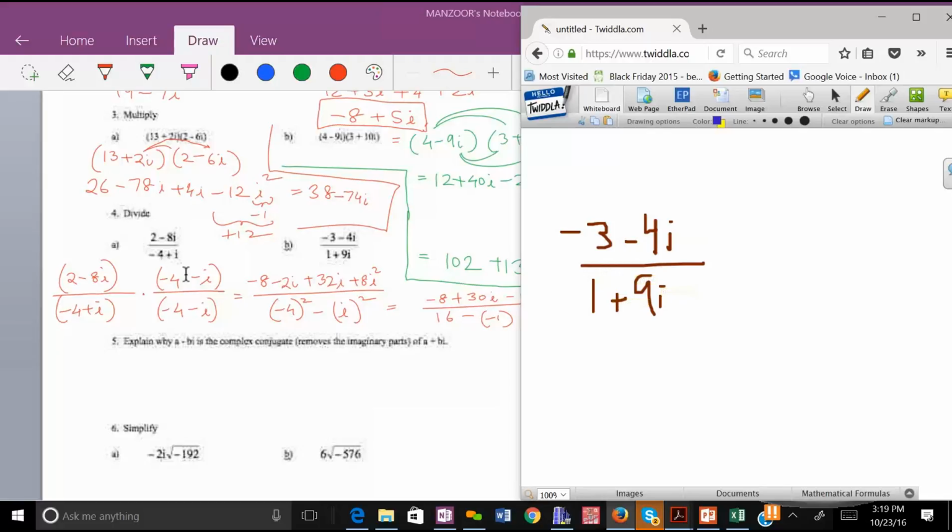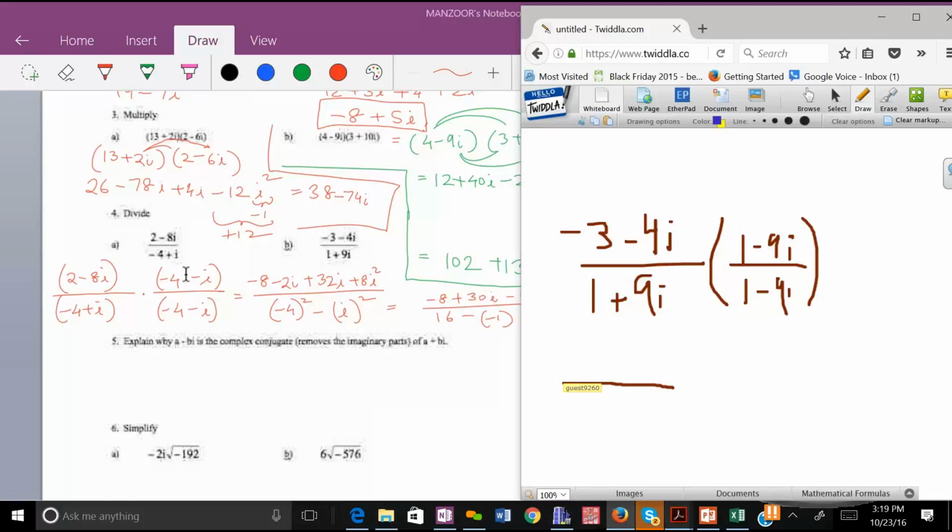So the conjugate would be 1 minus 9i. Yes, that's right. Good. Are you writing on the screen of the computer? Yeah, touch screen. Good.